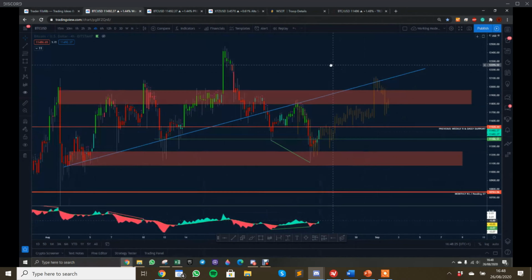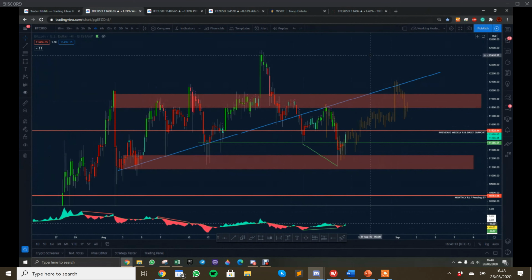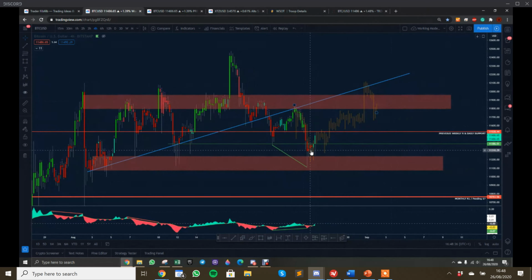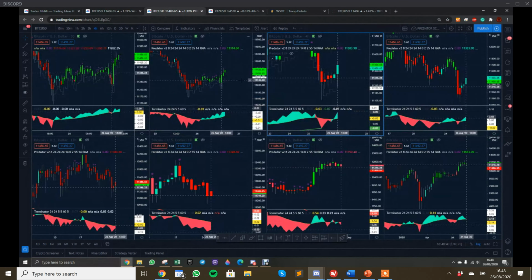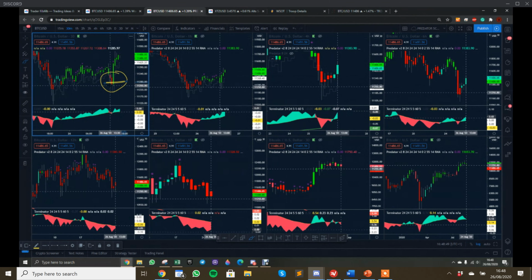So other things to note yesterday was we had a bullish divergence on the Terminator indicator. Terminator indicator rhymes. And obviously, along with that, all of the low-level timeframes started to go green as well. I did get in this morning here, and I was longing this down here, despite this turning red.